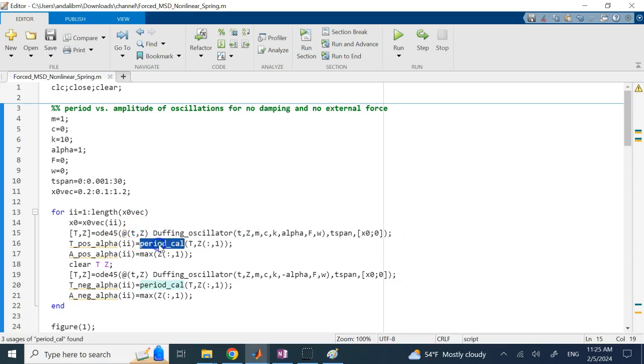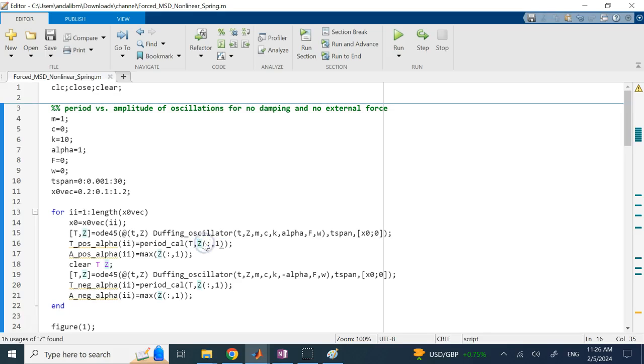And then here I have this utility function that I pass my time values and my signal value Z1, which is the same as X, and it gives me the period. The problem is this signal is going to have very huge magnitudes of oscillation. So the system becomes unstable. Okay, and so you're not going to get good numbers out of that.